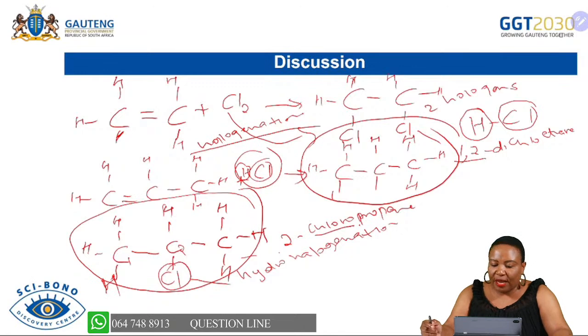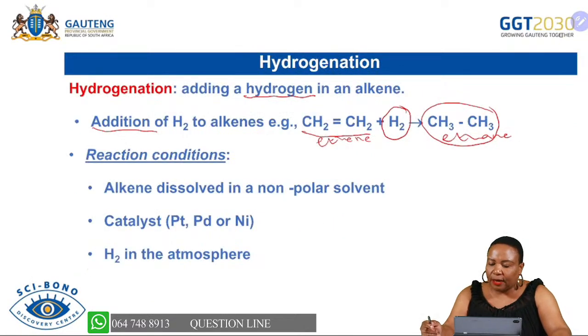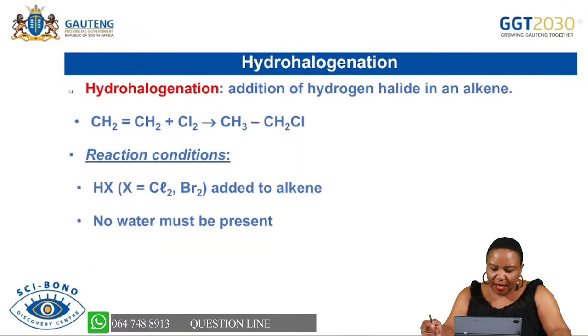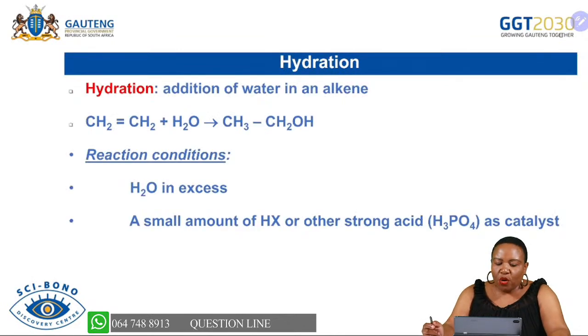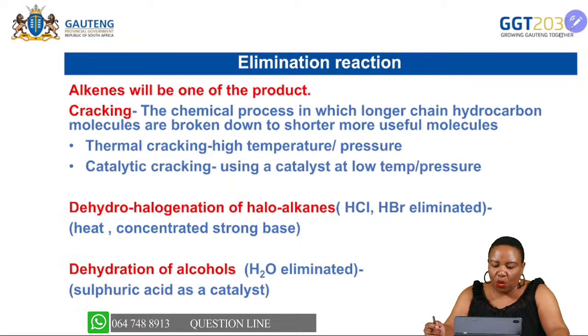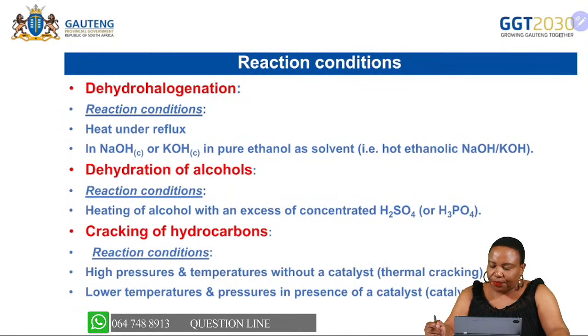Before we go for break, I want us also to look at, we already did hydrohalogenation, where we added a hydrogen and a halide, or hydrogen and a halogen. Then the last one can be a hydration, which is when we add water. So there are 4 things that we are going to add, just to summarize.